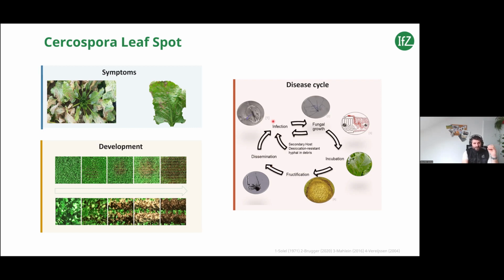After that, the infection happens, the fungus grows inside, and then you start to see this. As I mentioned, this is a small spot, and in this spot is the fructification part. This means that they generate small spores, and the spores start to fly. This happens many times when the weather or the microclimate is propitious for that.